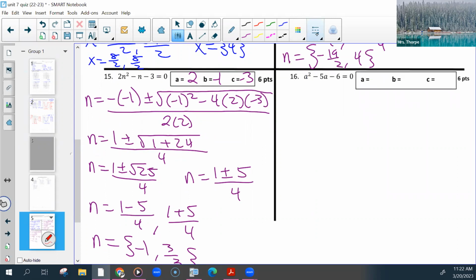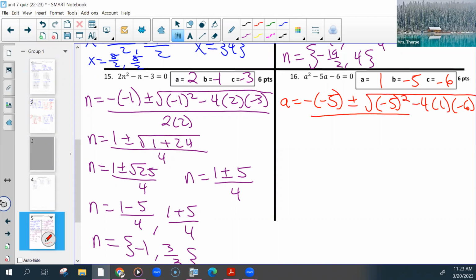So then for the last one, our numbers were 1, -5, and -6. So A equals -5 plus or minus the square root of -5 squared minus 4 times 1 times -6, all over 2 times 1.